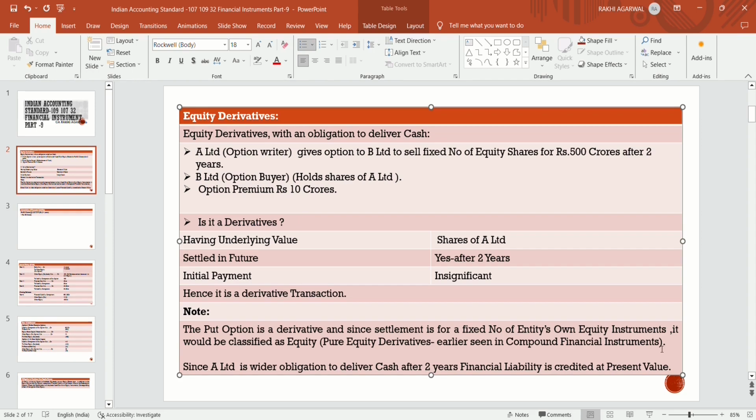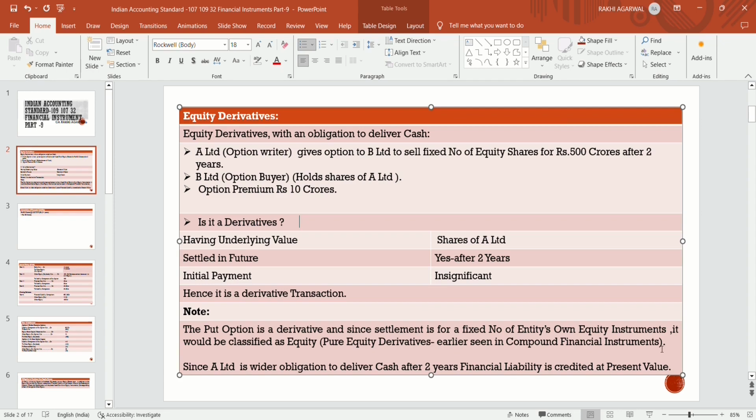So is it a derivative transaction? Yes, it's a derivative transaction. How? Let's explain. Because it has an underlying value, which is the share. Shares of A Limited are the underlying asset because A Limited is dealing in its own equity shares. Settlement happens in own equity instruments, and the number of shares is fixed and the consideration is also fixed.